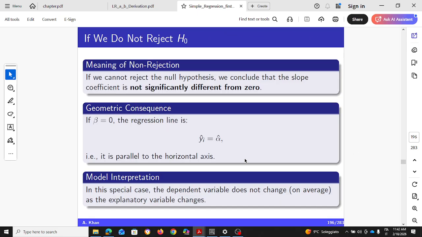Now, in case we do not want to reject the null hypothesis, then we conclude that the slope coefficient is not significantly different from 0, because in our equation yi equals alpha plus beta xi, if beta is equal to 0, we have no slope. If we have no slope, this means there is no relation between our data. This is the consequence if beta is equal to 0.